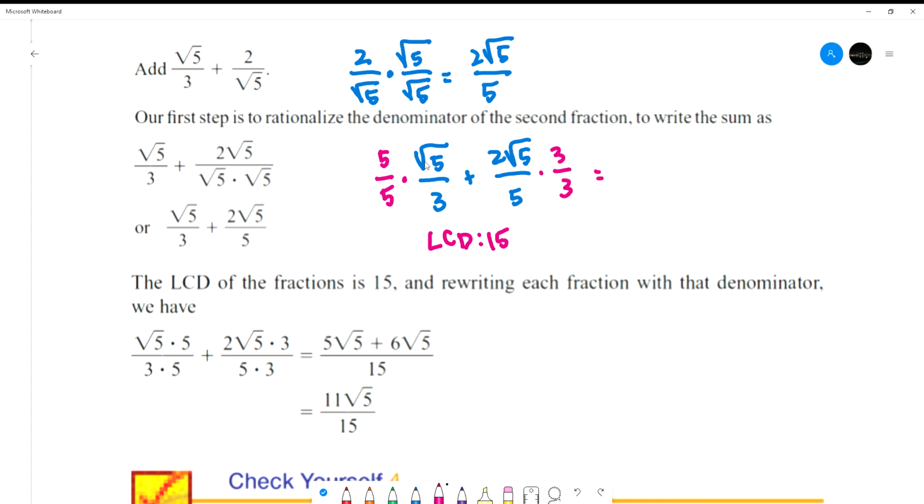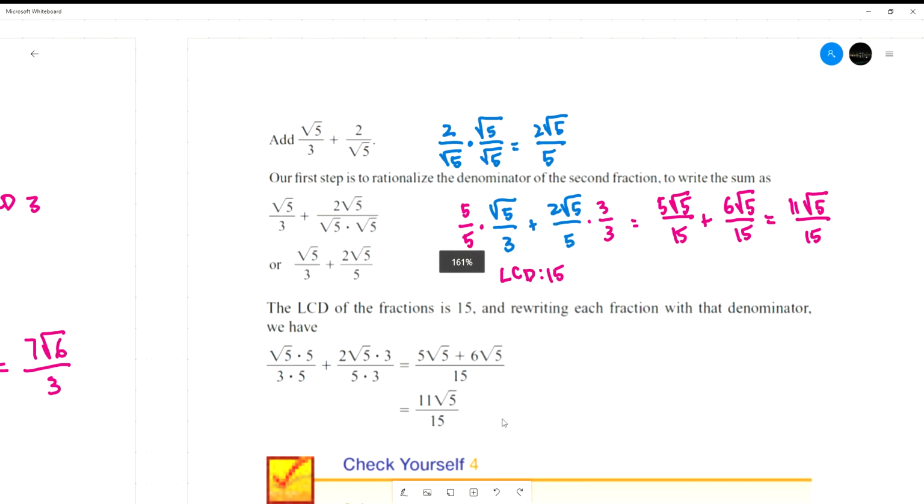So I get the result 5 radical 5 over 15 plus 2 times 3 is 6 radical 5 over 15. Now that the fractions have the same denominator, I can add the numerators. These are like radicals, right? So 5 plus 6 is 11 radical 5 over 15. Okay?